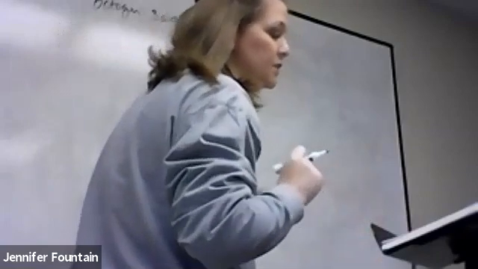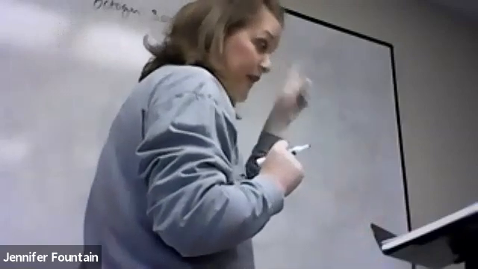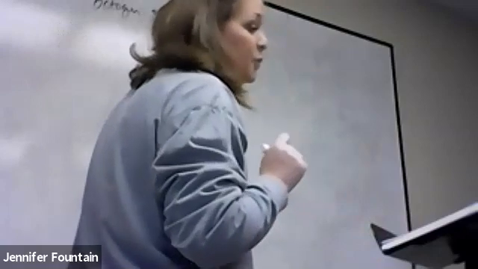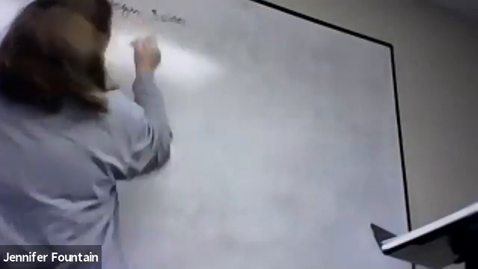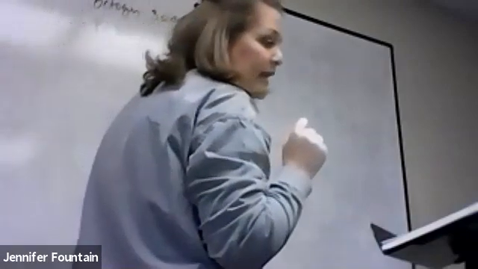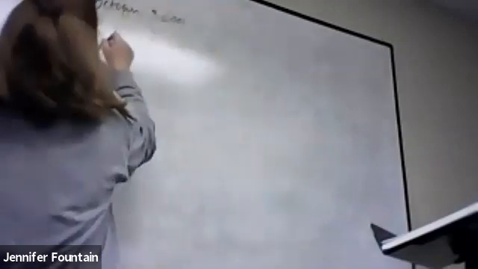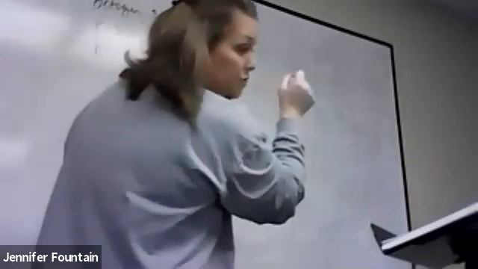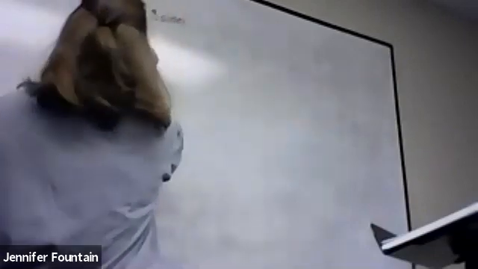Let's look at the information. It says the stop sign shown is a regular octagon. Its perimeter is about 80 inches, so we know that P is equal to 80. And its height is about 24 inches, so H is equal to 24.